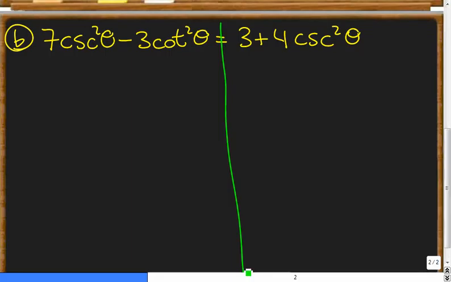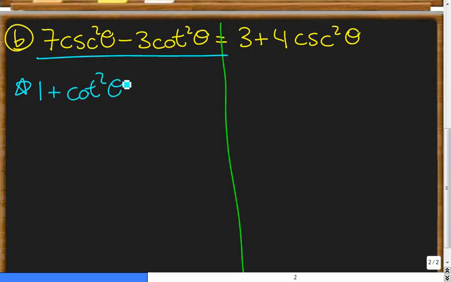So what I'm going to do is bring up an old identity that said that if I had 1 plus cotangent squared of theta, that's going to equal cosecant squared of theta.